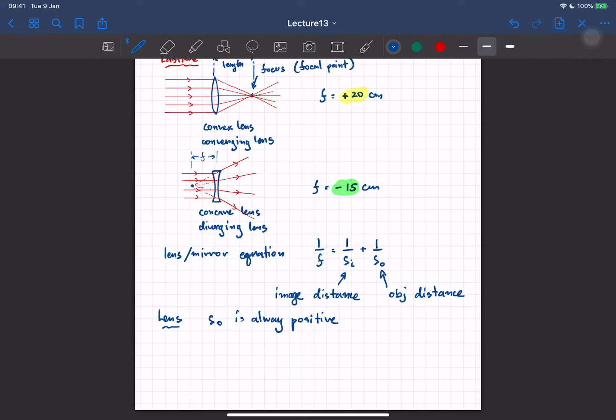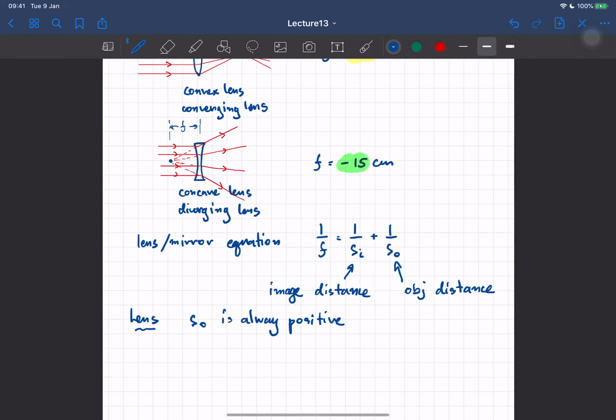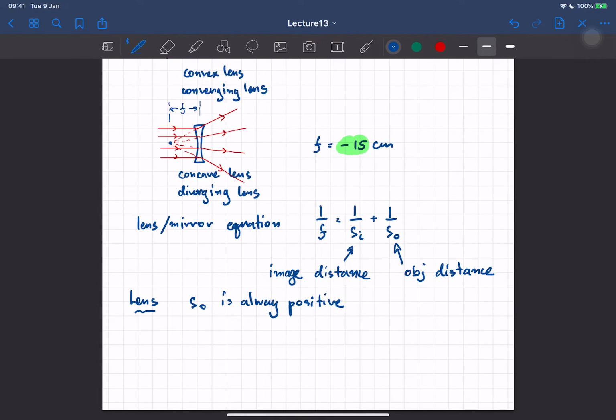We usually make it such that the object is on the left-hand side of the lens, but it actually doesn't have to be like that. Maybe because I'm right-handed, but it doesn't matter where you put it, okay? SO is always positive, right? It doesn't matter which way you put it according to the lens.